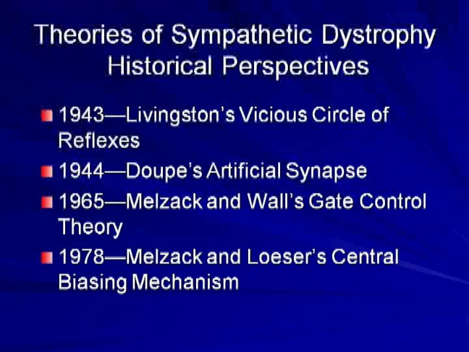Now, historical perspectives on the theory of sympathetic dystrophy. Livingston was a neuroscience investigator, and he proposed that there was what he called a vicious circle of reflexes, hence the term reflex in the term reflex sympathetic dystrophy.